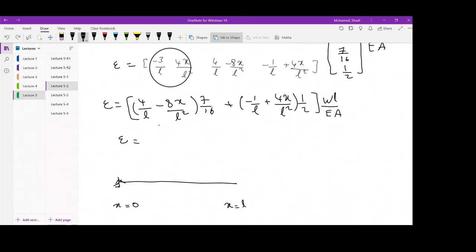So I'm just going to write them as 4 over L. So it is 4 over L multiplied by 7 over 16 plus minus 1 over L multiplied by half, and this whole thing is multiplied by WL over EA. So 4 will go away with the 16 and will leave me with 4, and this can be rewritten as 2 over 4.